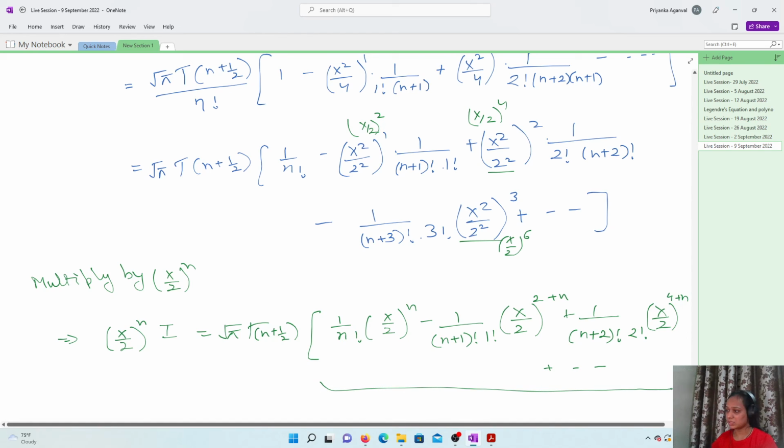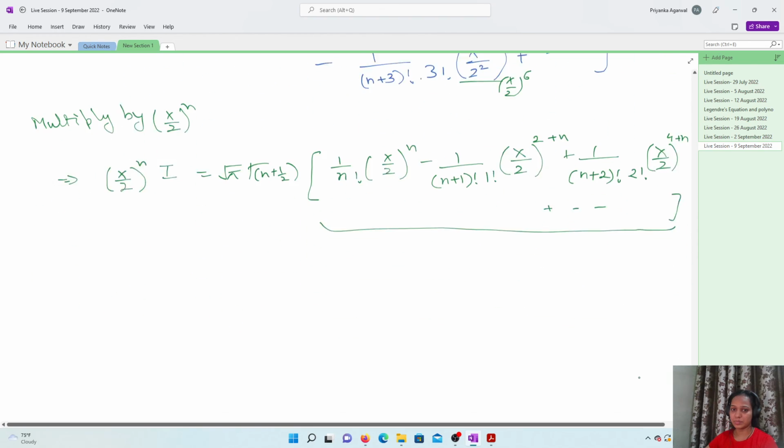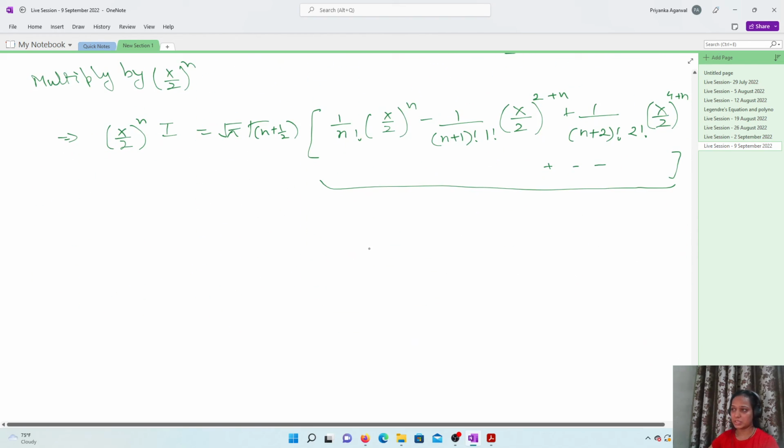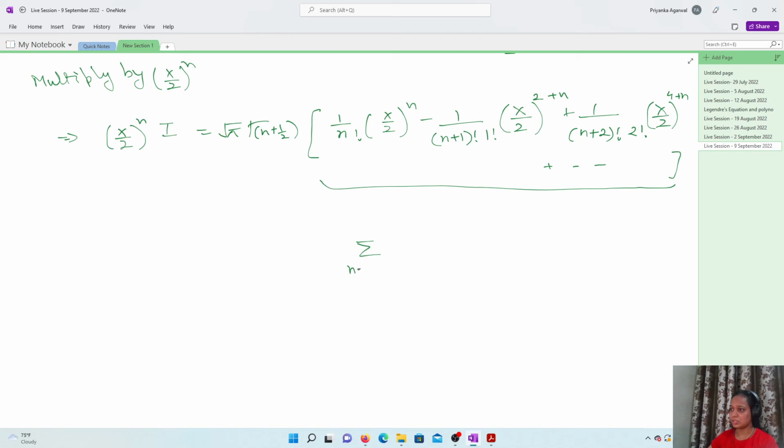So this entire series can be written as summation from k equals 0 to infinity of minus 1 to the power k over n plus k factorial into k factorial, x by 2 to the power 2k plus n.